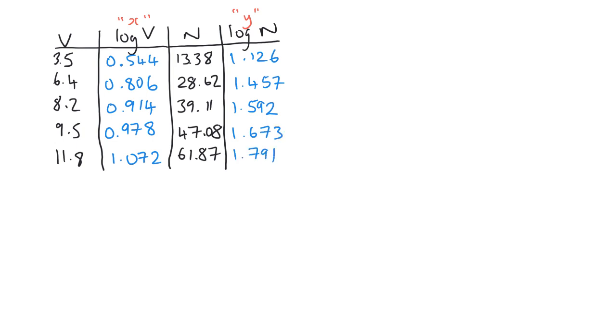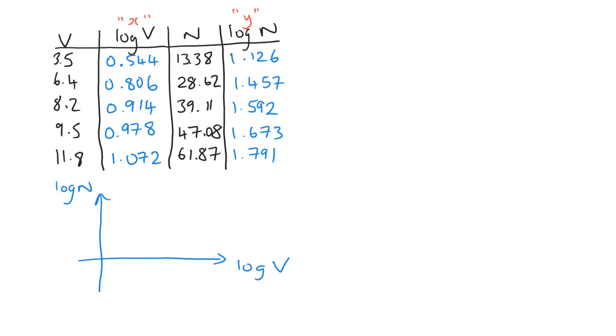Okay, so now whenever we go to draw the graph, your x-axis will be log v and your y-axis will be log n, and that's where we'll plot the points. Now, quite often in an exam, the axes will be drawn for you and you'll just work from that, because it can be awkward enough to draw these on.